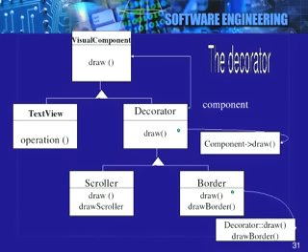You can see that there are different kinds of decorators, and the decorator has a link to the actual component, and the decorator and the actual component or the text view support exactly the same interface, so that the client is not aware of the exact type of the object, whether it's talking to the actual server or the decorator in between.